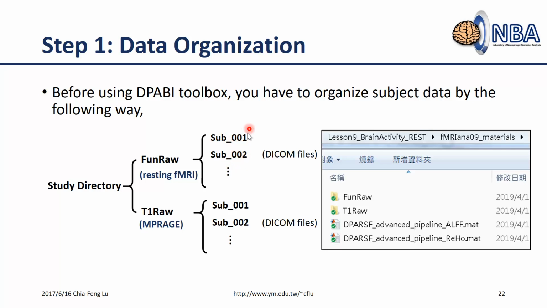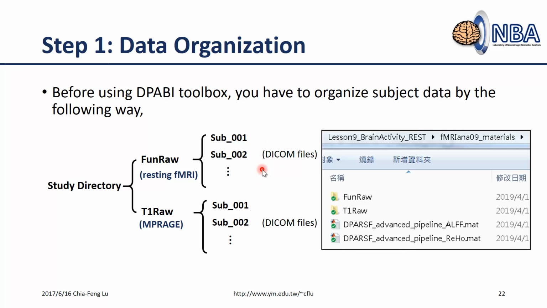You may name the subjects sub_001, sub_002, and so on, but today we only have sub_001. Within each subject folder, you put all the DICOM files. For the FunRaw data, in our case, we will have 200 DICOM files under each folder. So you can check the dataset within this structure.